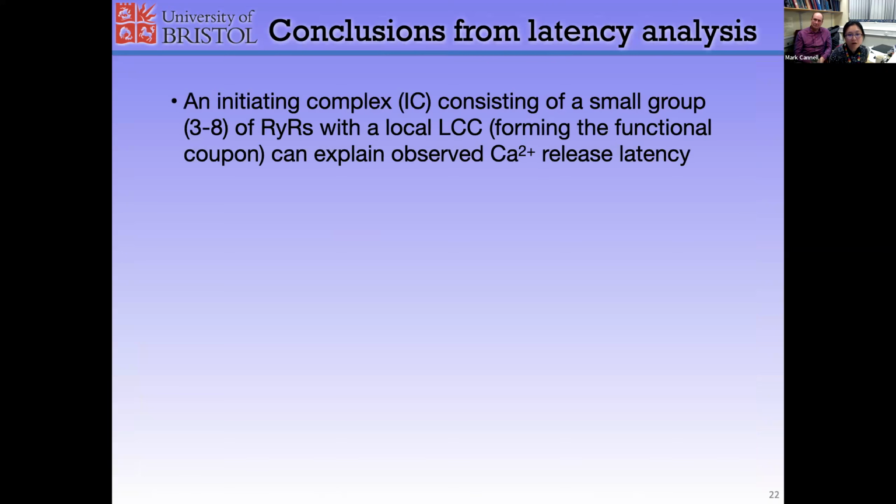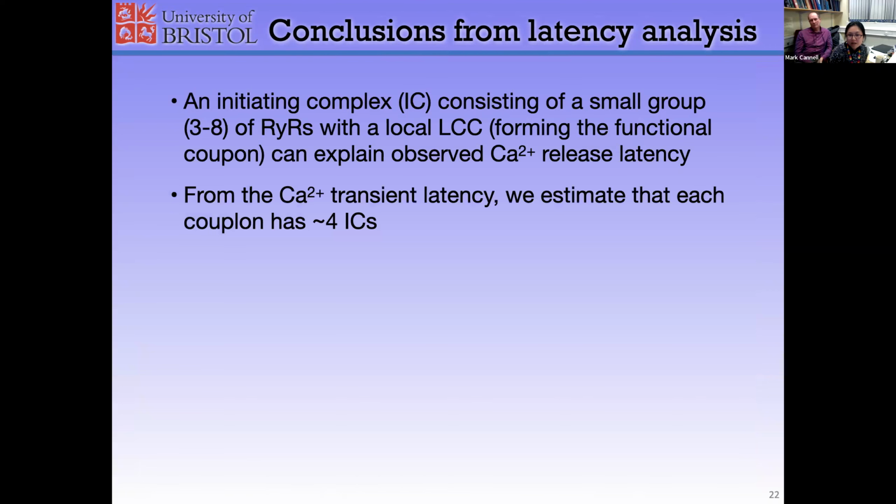So to summarize, we found from our latency analysis that likely an initiating complex of 3 to 8 RYRs with 1 LCC can explain the calcium release latencies that we observed. And in the case of calcium transients, the latencies can be explained by increasing the number of ICs to 4 per couplon.